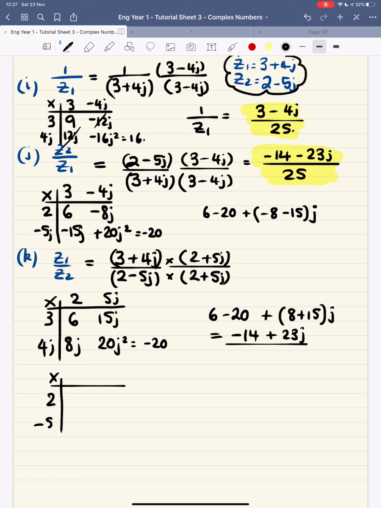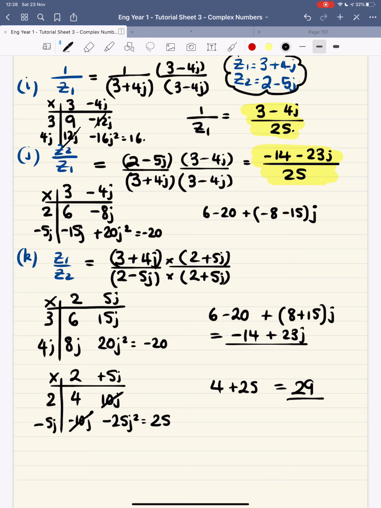is 2 minus 5j times 2 plus 5j, so that's 4 plus 10j minus 10j minus 25j squared, which is plus 25. So the answer is 4 plus 25, and the j's actually cancel out, which is what we wanted, which is 29.